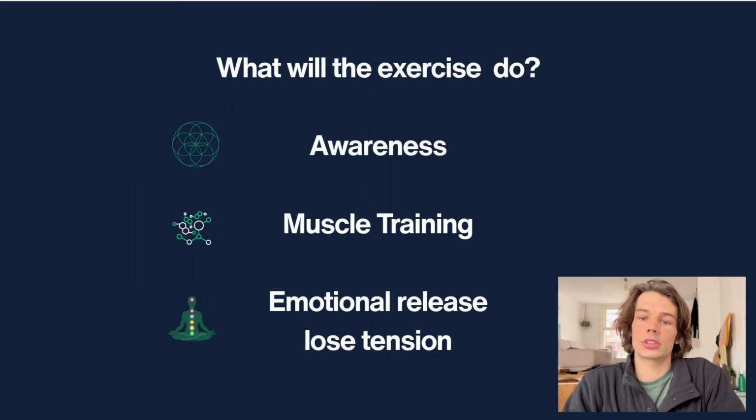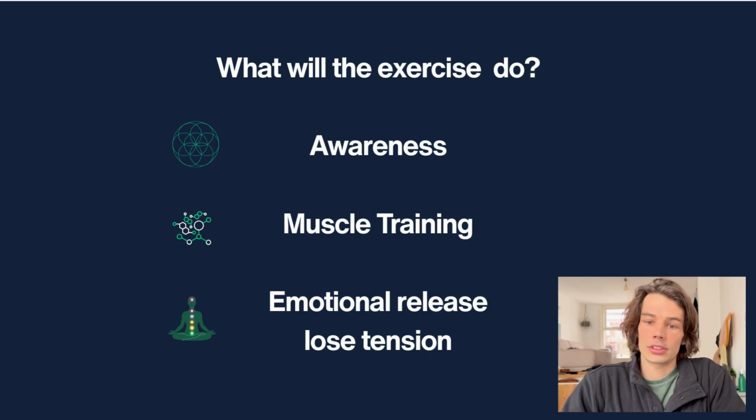And that's also what you see in the next slide. You do this exercise to firstly become aware of the muscle, where it sits, because if we're not used to using it, we're not really aware of it. So first is becoming aware of it. Then you're going to actually train the muscle.